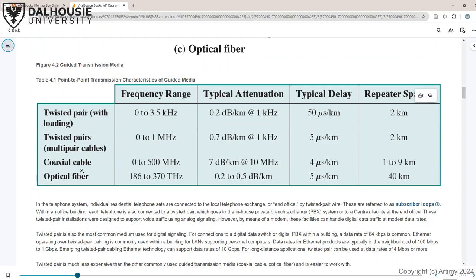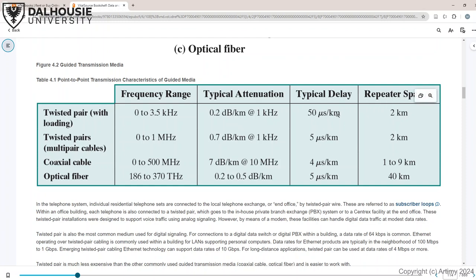It lists the type of cables and the frequency range, their bandwidth, and then the attenuation, typical attenuation, typical delay, and the typical repeater spacing.